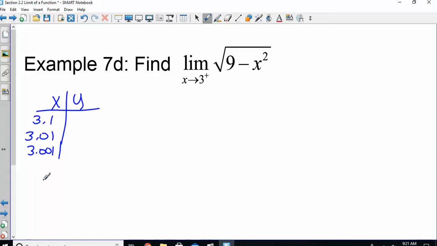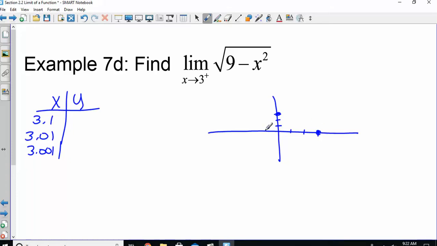Error. Okay, let's think about the graph here. You can graph it on your calculator, or we could just plug in some points. If I put in a 0, I get the square root of 9, which is 3. So 0, 3. If I put in a 1, I get the square root of 8. If I put in a 2, I get the square root of 5. If I put in a 3, I get the square root of 0, which is 0.